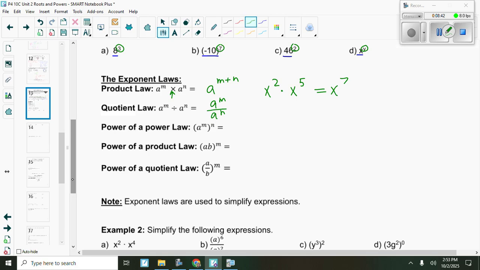This bar is just a division sign, and what it means is we can subtract our exponents. For example, if I had W to the 7 and W to the 4, and I'm dividing, the W's are the same base, so I subtract my exponents: 7 subtract 4 is 3.